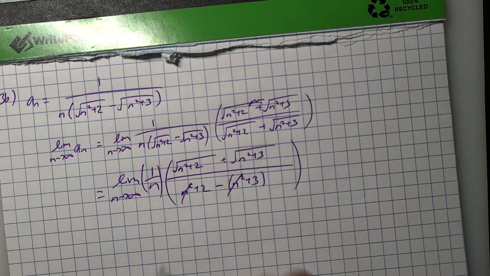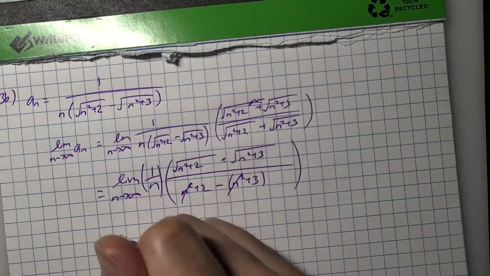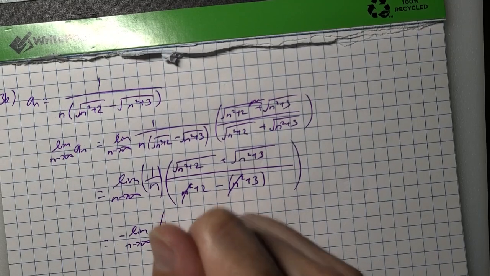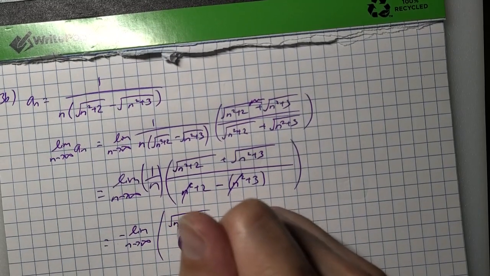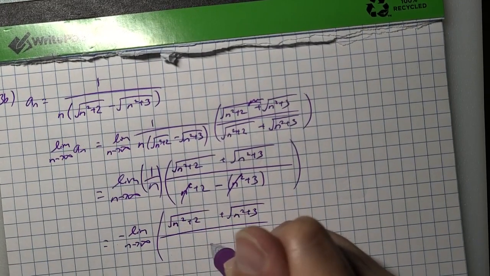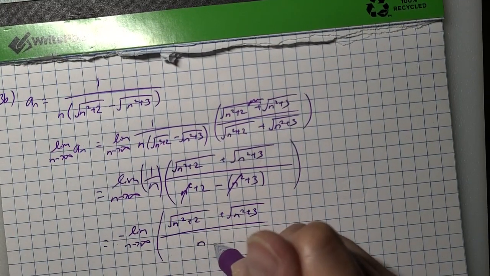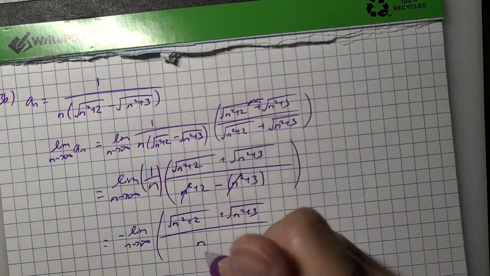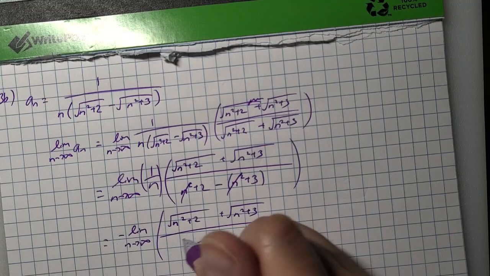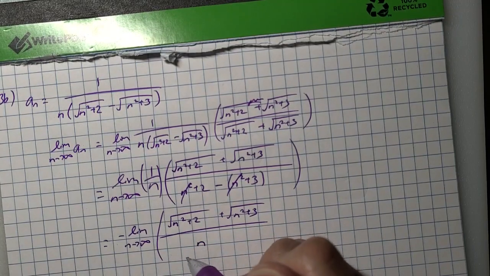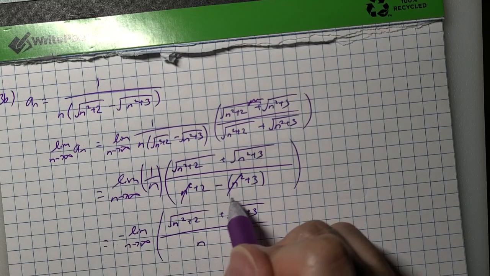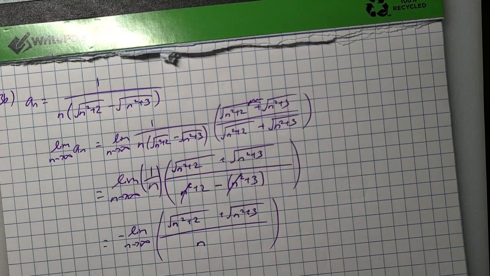So at the bottom we are left with minus 1. So let's factor that out. The limit as n goes to infinity of, if we clean it up, we get the square root of n squared plus 2 plus the square root of n squared plus 3 over n, times another, actually not 2, because 2 minus 3 is minus 1, which we factored out already. Okay.